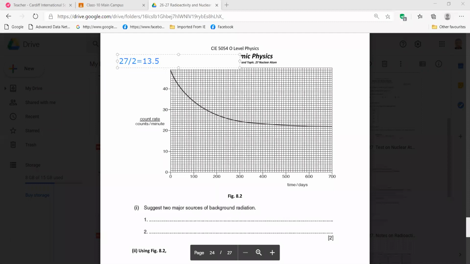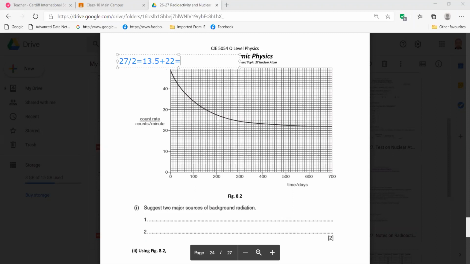13.5. Yes. So this graph is not giving you solely the count rate from the sample. It's also giving you the count rate of background. So with this 13.5, you have to add that 22. So how much is coming? 35.5.